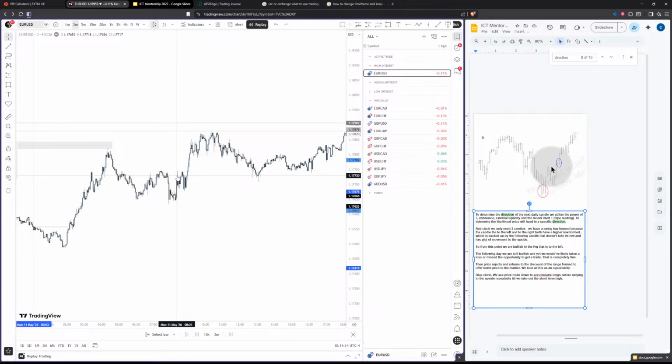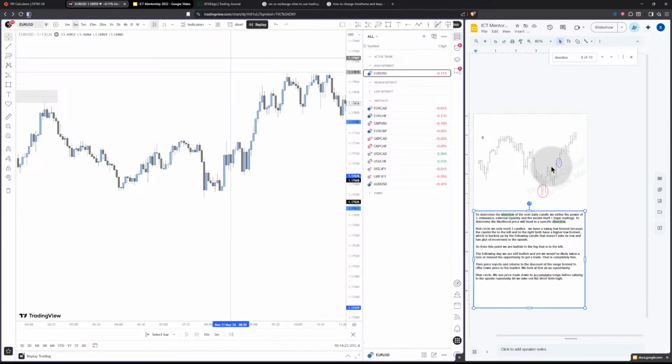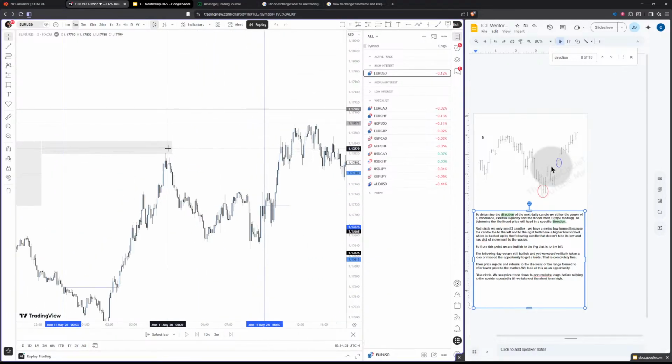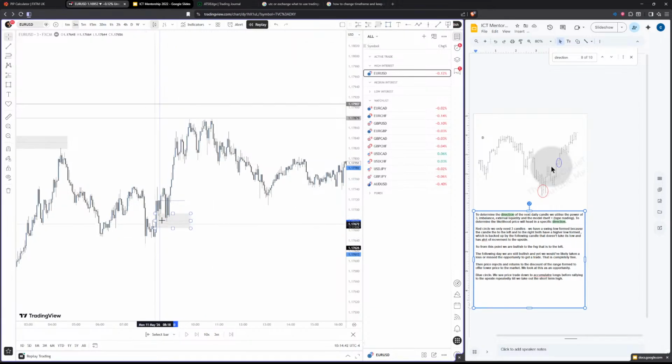8:30 opens here. We trade down, taking out these lows into this fair value gap, push up to fill the rest of this imbalance. Push back into this old fair value gap.